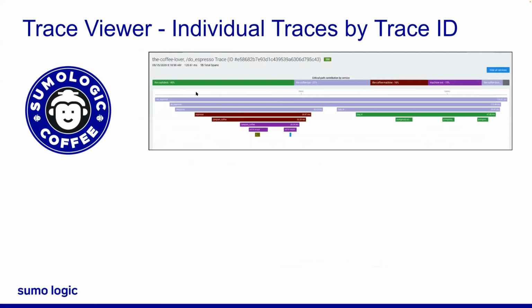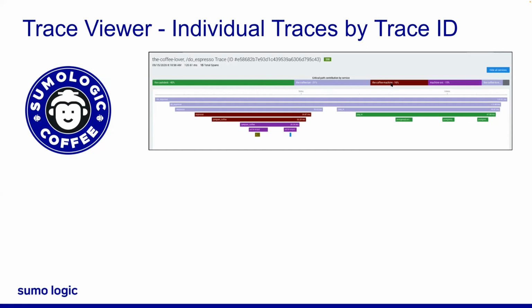So here, for example, at the top of the screen is a successful order. It's represented by the fact that it has a 200. 200 means good or successful. When I see this order, I see in the top bar the various services. It's a little hard to see here, but in the green it's the cash desk, the payment service, I guess. I see the coffee bar, which is responsible for some of the ordering process.